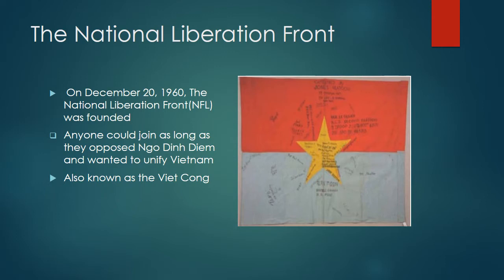Those who favored the reunification of Vietnam and opposed the rule of Diem in South Vietnam were welcome to join the National Liberation Front, which is also known as the Viet Cong. This National Liberation Front was led by Ho Chi Minh. He was quite popular in North Vietnam.